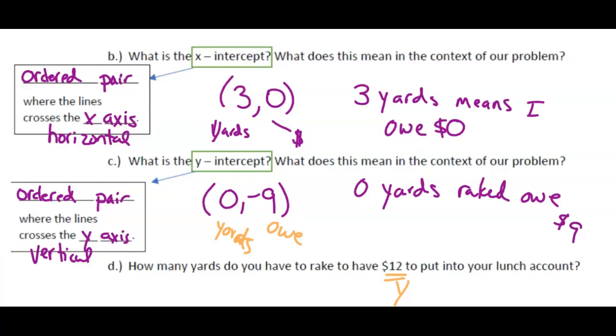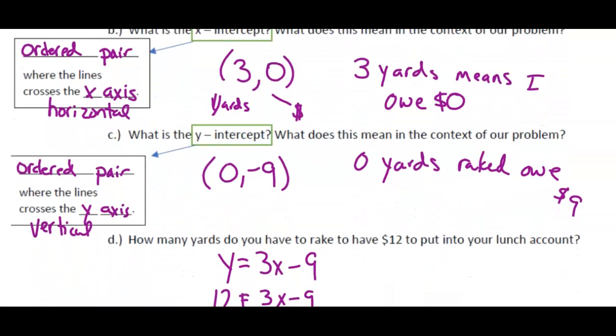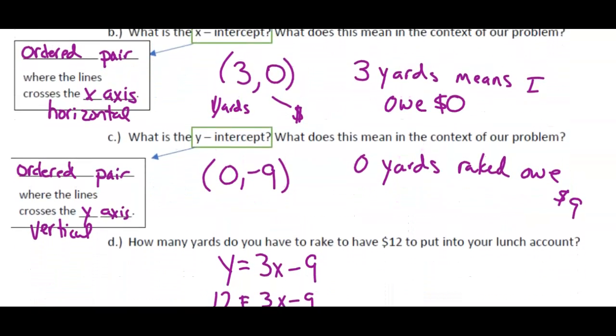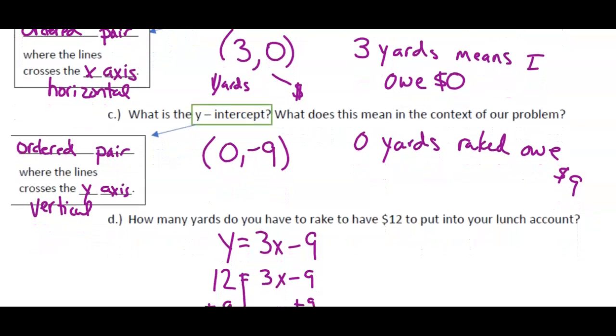We're going to take the equation that we were given in the beginning, and we're going to set it equal to 12 because I have $12. Okay? 12 equals 3x minus 9. So I want to find out how many yards I have to do. So I am looking for x. X is a question mark.